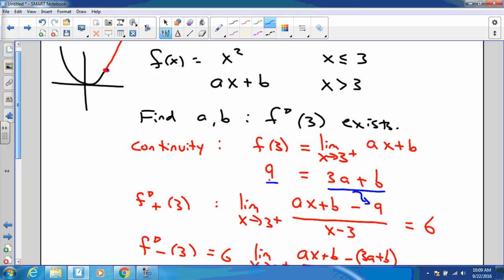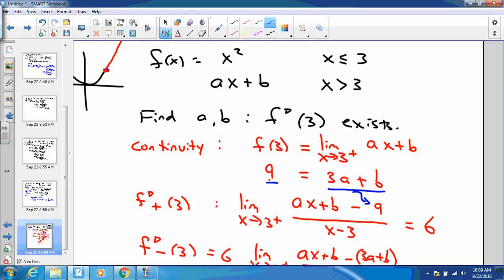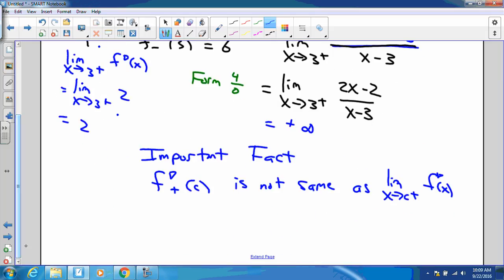And because f is continuous, the derivative from the left is the same as the limit of the derivative. So back to our observation here, our important fact, f prime of c is not the same as the limit of f prime, but if f is continuous, it will be.